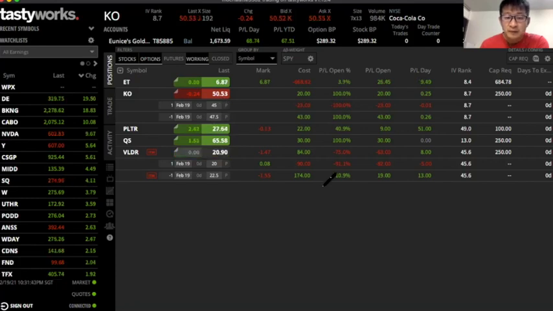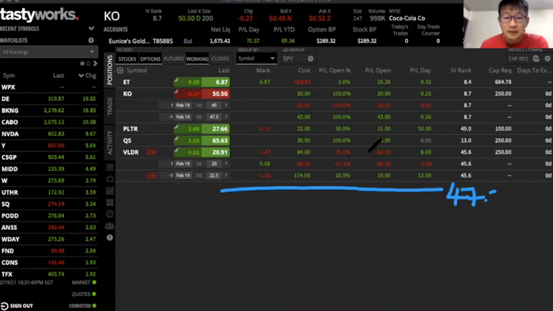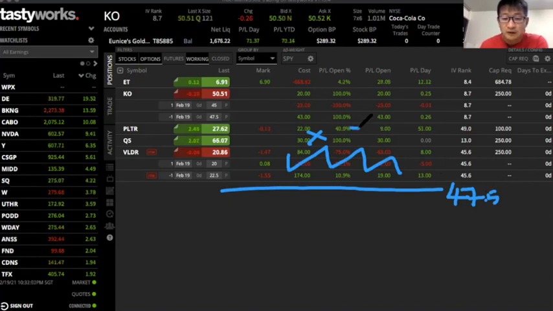Let me draw a line. This is our strike price, 47.50, and the stock right now is above $50.50.